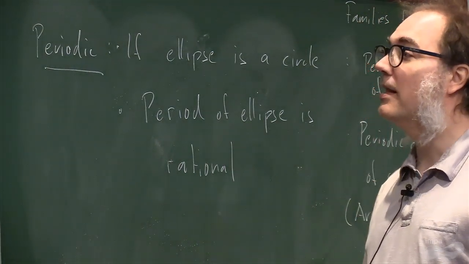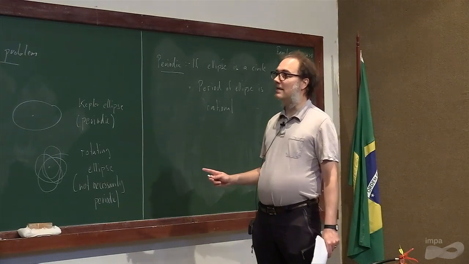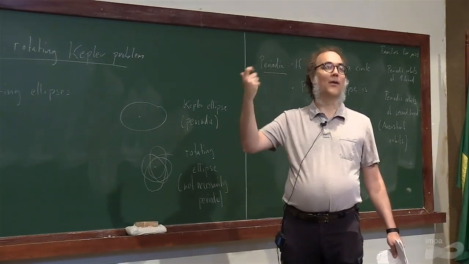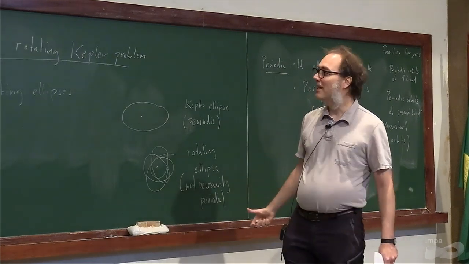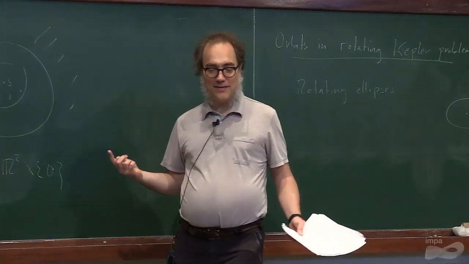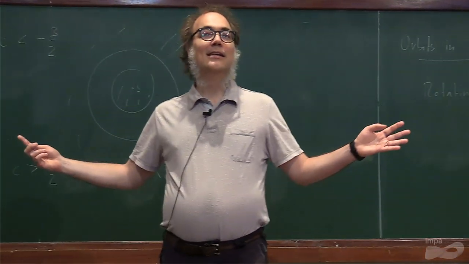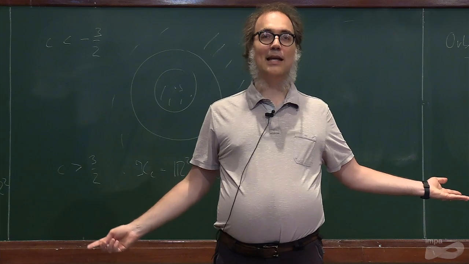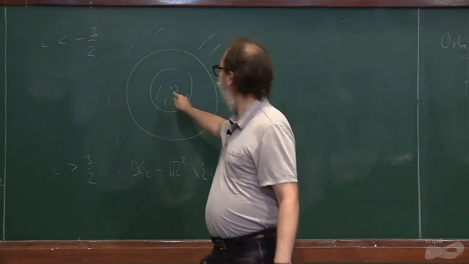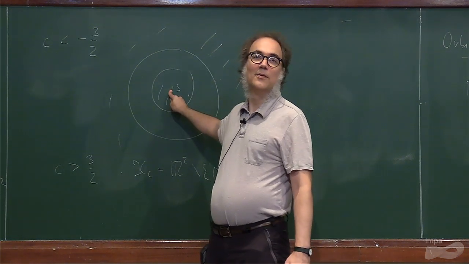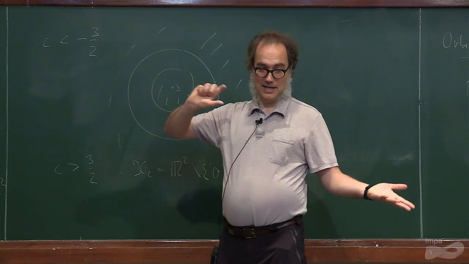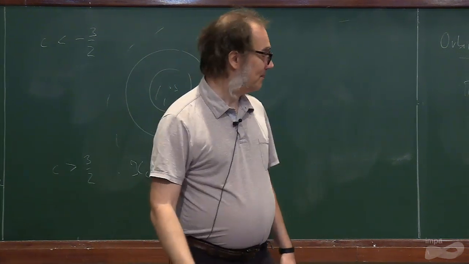Now, another limit case is, one would like to let mu go to 1. But if mu goes to 1 and you do it naively, then you just get again the rotating Kepler problem. The only difference is that now you have the Earth instead of the Sun. Everything is symmetric under changing Earth and Sun.